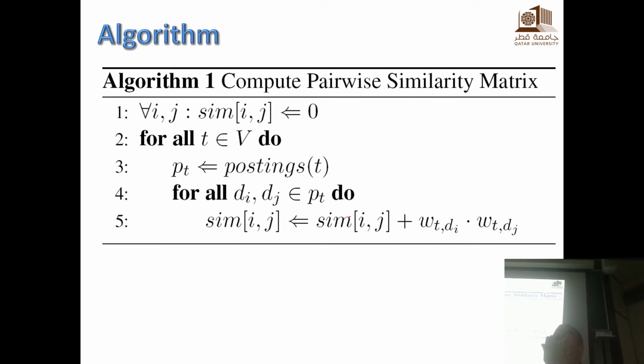When we say this will be the input, then what will be the input to one map function? The term and the posting list, right? Okay, the term and the posting list. Now what should we do with that?